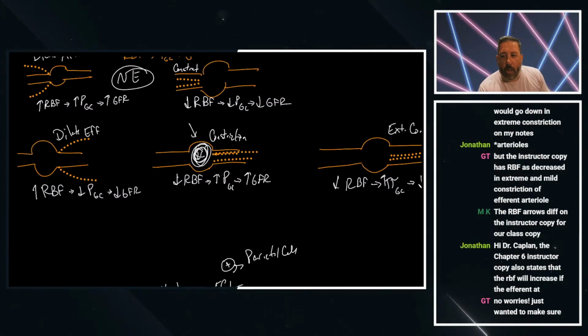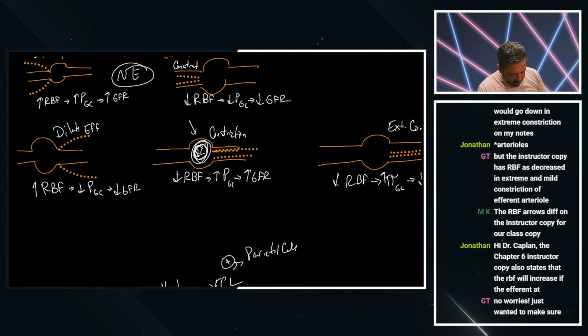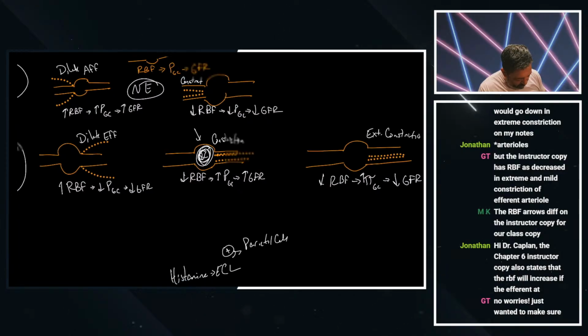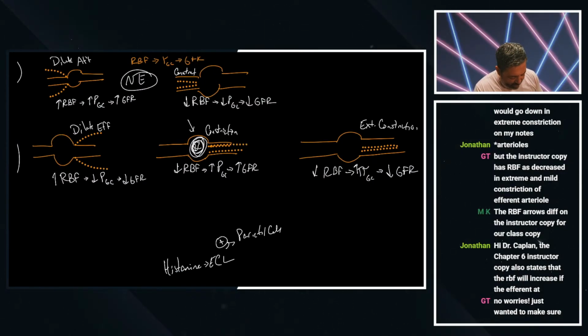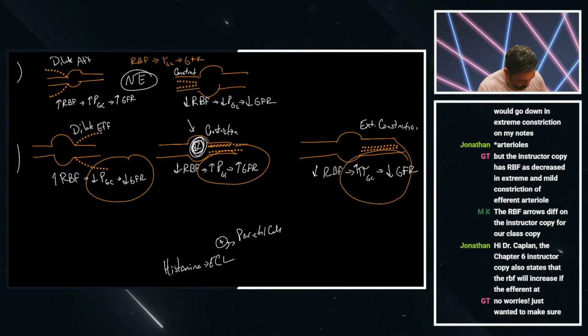Okay. So I apologize for the confusion on the renal blood flow. It is correct now. Like I said, the important parts is what happens this part. Which, did I mess that up too? Hang on.